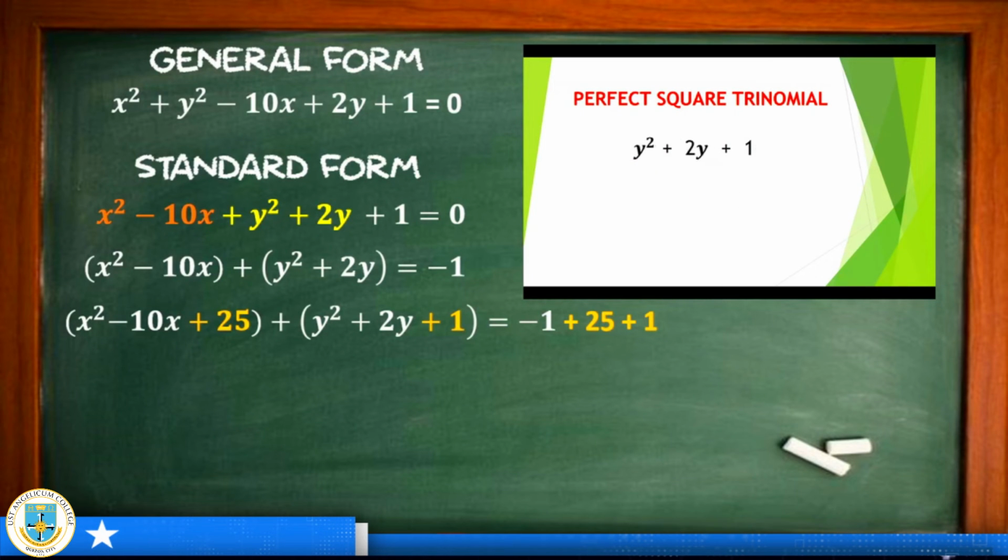On the other hand, we have y squared plus 2y plus 1. First, we need to get the square root of y squared, so that will give us y. Then we need to get the square root of 1, so that will give us 1. Then we copy the sign of the middle term, so that is positive. So that becomes the quantity of y plus 1 squared.